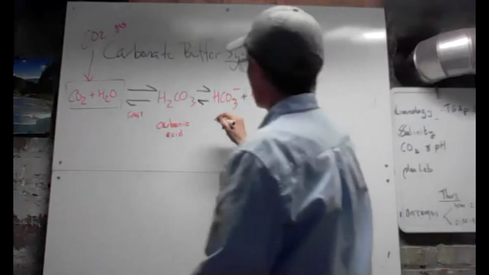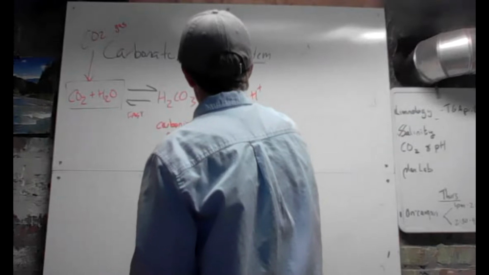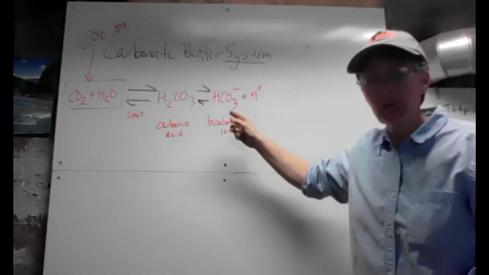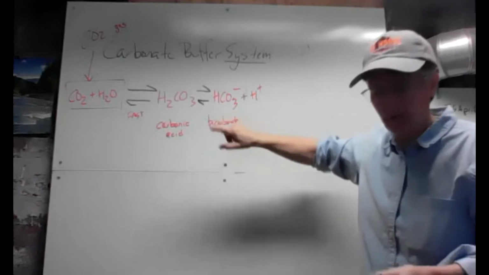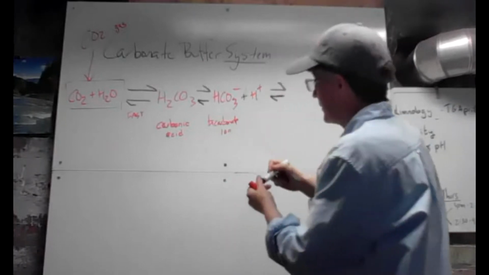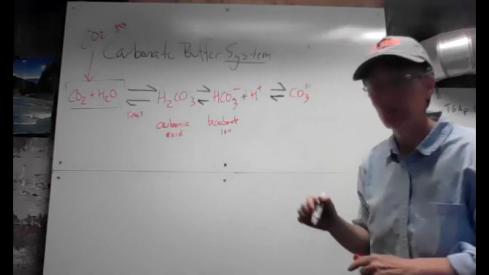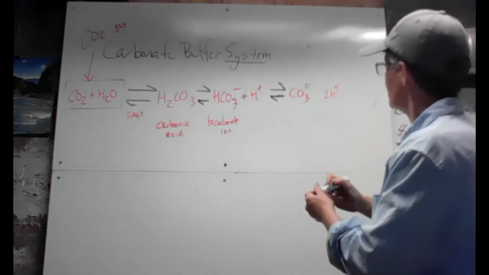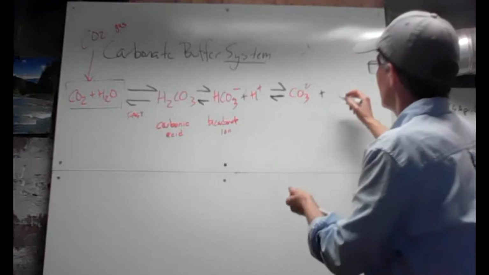So here we have the bicarbonate ion. This is a pretty stable ion, but it can lose that second proton. And if it did, then you would have the carbonate ion with a -2 charge and 2 protons.